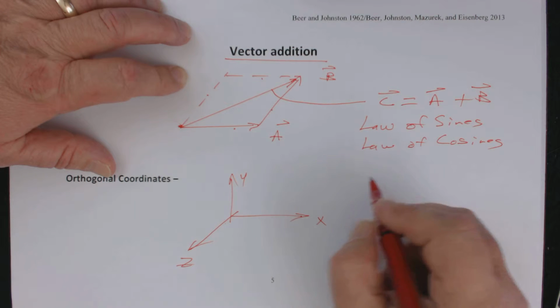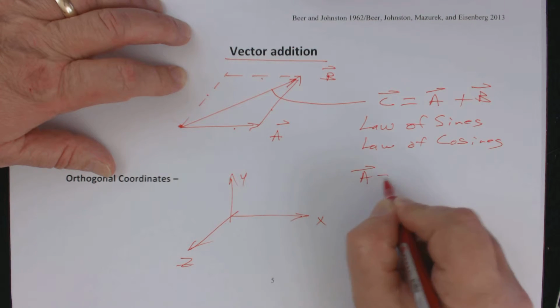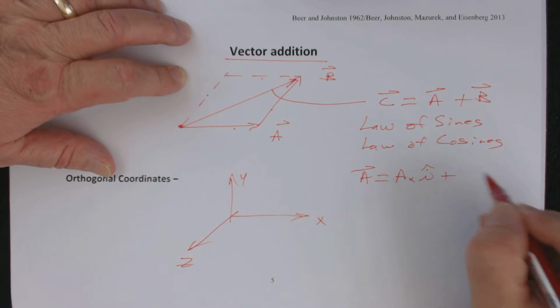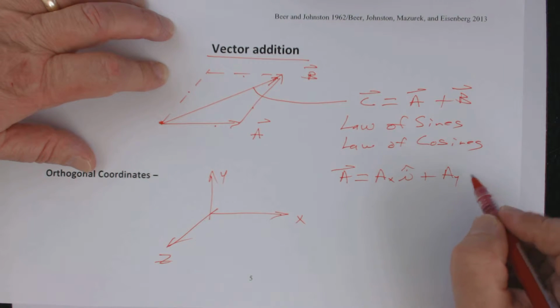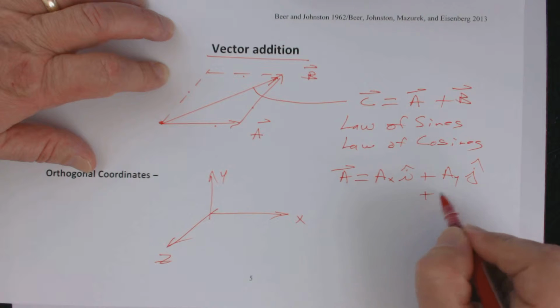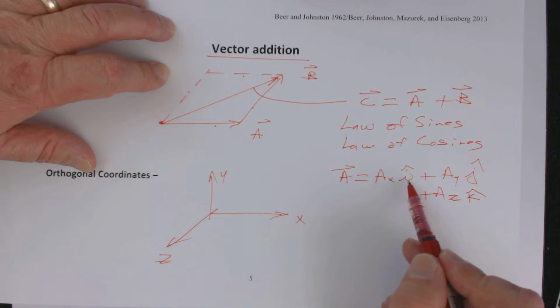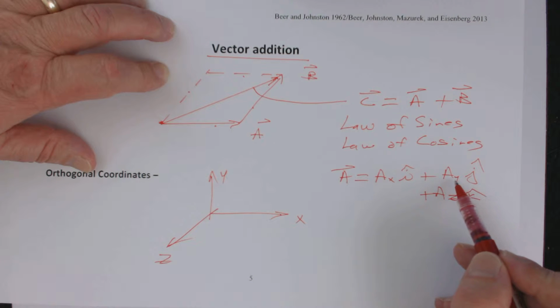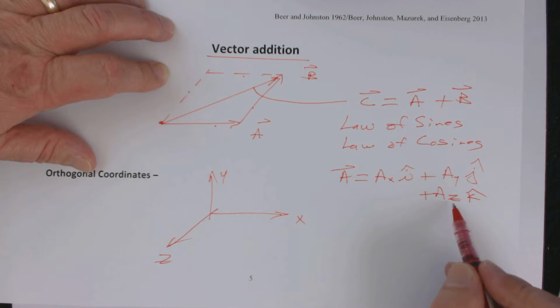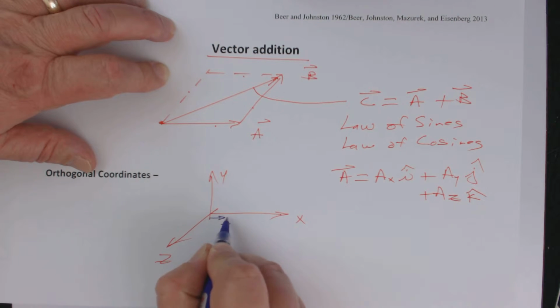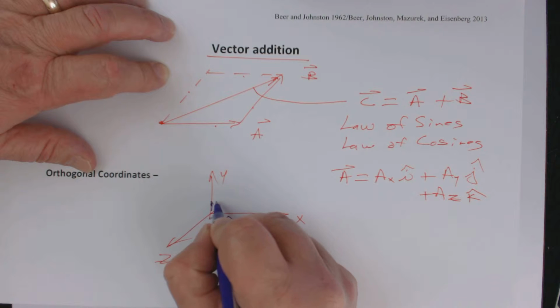And using those coordinate systems, we would say that vector A has a certain projection in what we call the I direction, plus a certain projection in what we would call the J direction, plus a certain projection in the K direction. So X and I are interrelated, Y and J are interrelated, Z and K are interrelated. And so what they really are these little unit vectors that point in this direction like this.